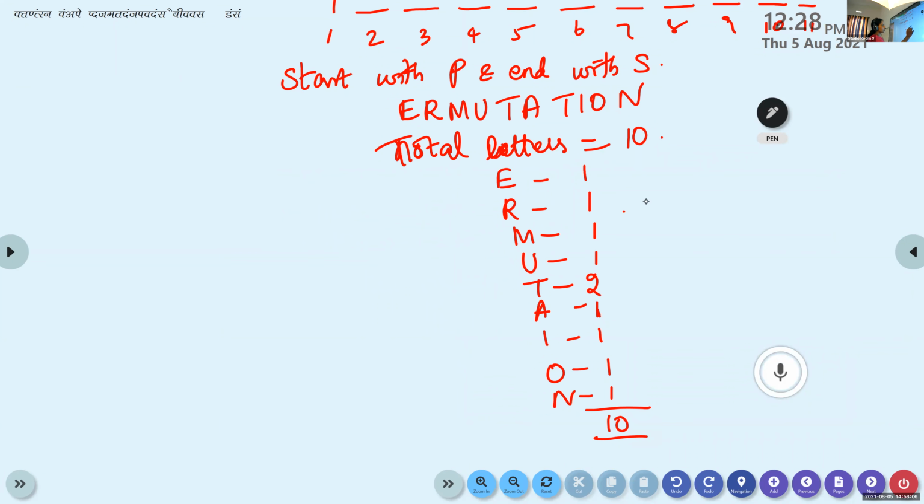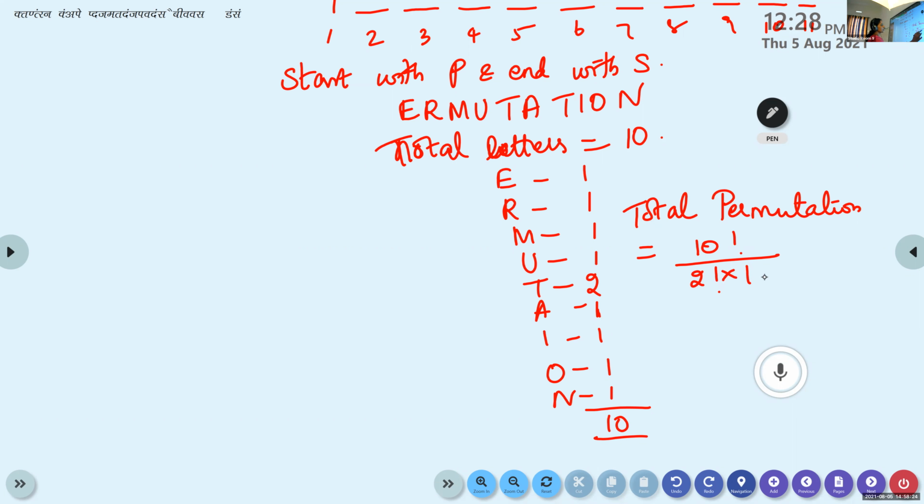So what is the total permutation? Total permutation is 10 factorial divided by the repeats. All the other letters are coming once; only the letter T is coming 2 times.